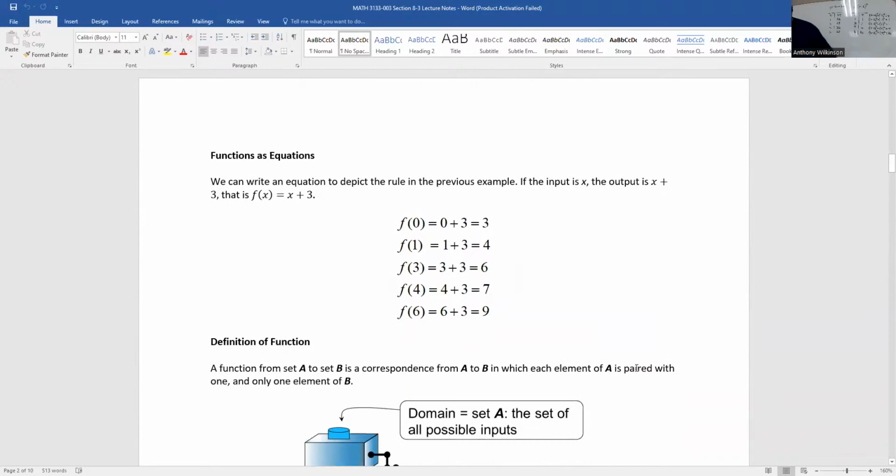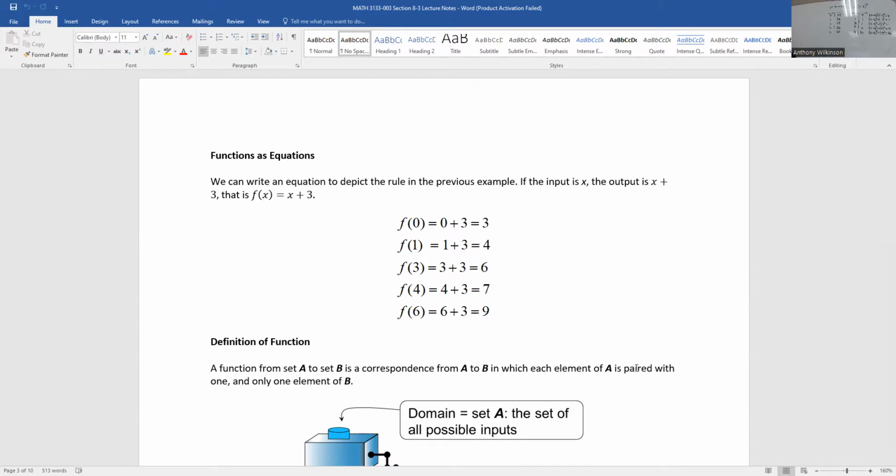Okay, now as equations, here's the other method. I won't go through a lot of detail about this one because we can write an equation to depict the rule. This is another example here that's not on this sheet.